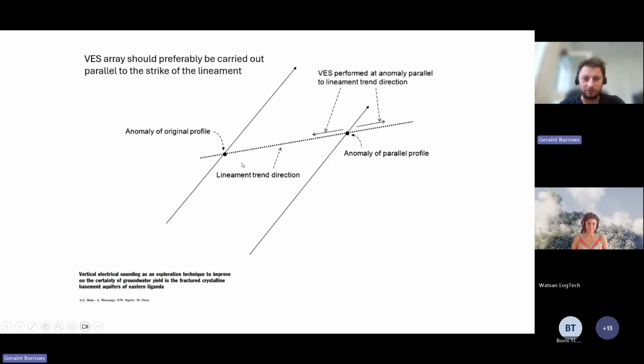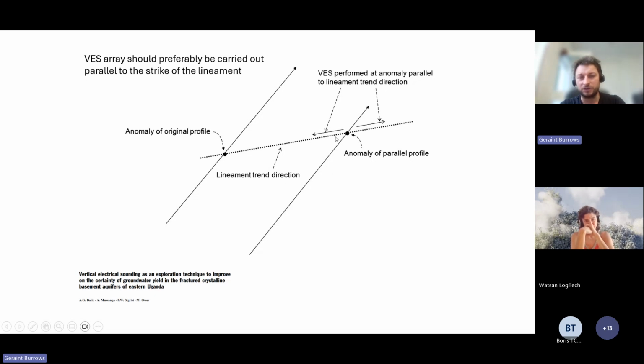I'm jumping a little bit ahead, but I think it answers your question, and we can go backwards afterwards. Like she said earlier, if you've got a particular structure, in this case these lineament directions, you want to run your constant separation traverse across them, perpendicular to the lineaments.